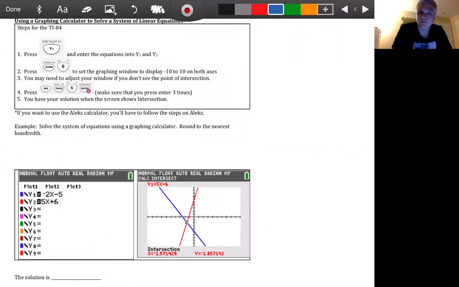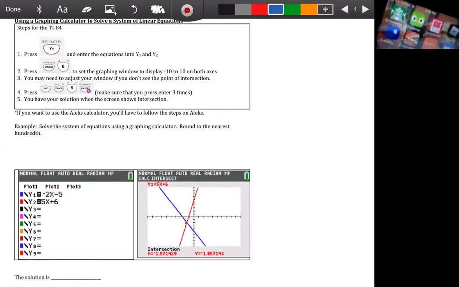Okay, so now we're going to do something kind of cool. We're going to use the graphing calculator. If you have a graphing calculator at home, great. If you don't, I highly recommend that you take your lovely little iPhone and you try to get this app. It's called Calculate 84. You can see in my window here.